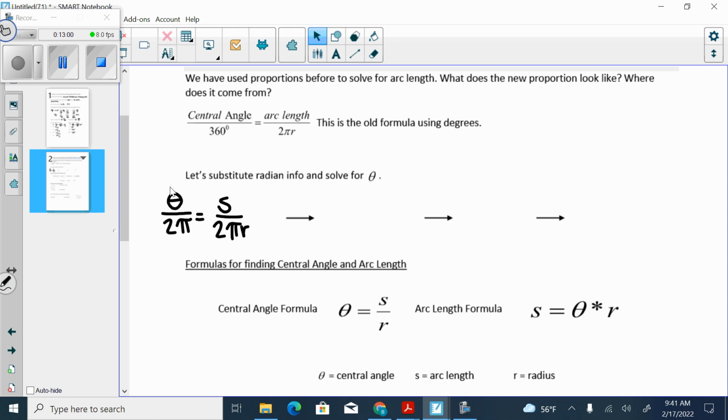All right, so this one has that equal sign in the middle, so what we had been doing to solve was cross multiply, right? So if I cross this direction, I would have theta times this 2 pi r is equal to, if we multiply this direction, we have S times 2 pi.